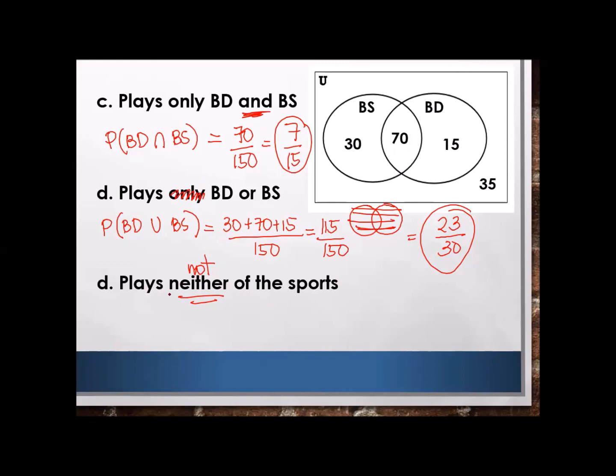Ayaw mag-basketball, ayaw mag-badminton. Okay? So, anong gagawin? Sino yung nasa labas ng bilog? So, that is 35 out of 150. So, what is the lowest term? So, that is 7 over 30.